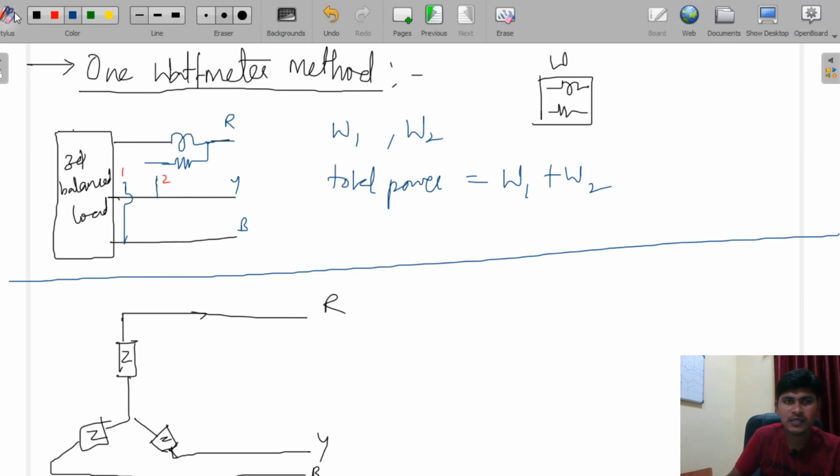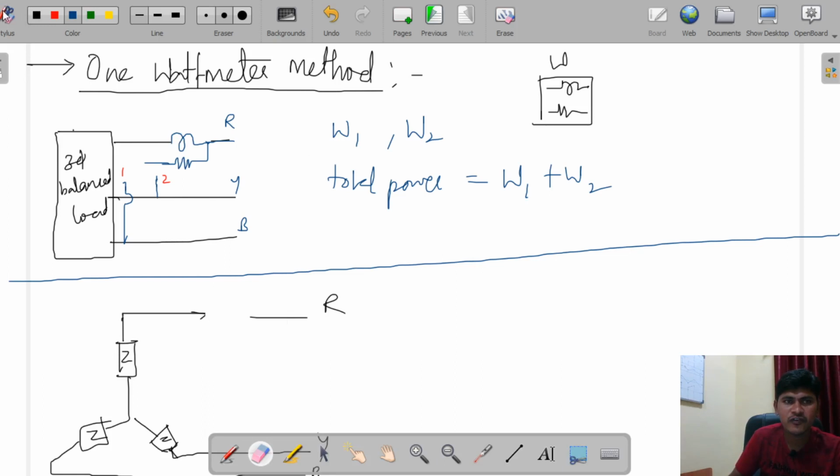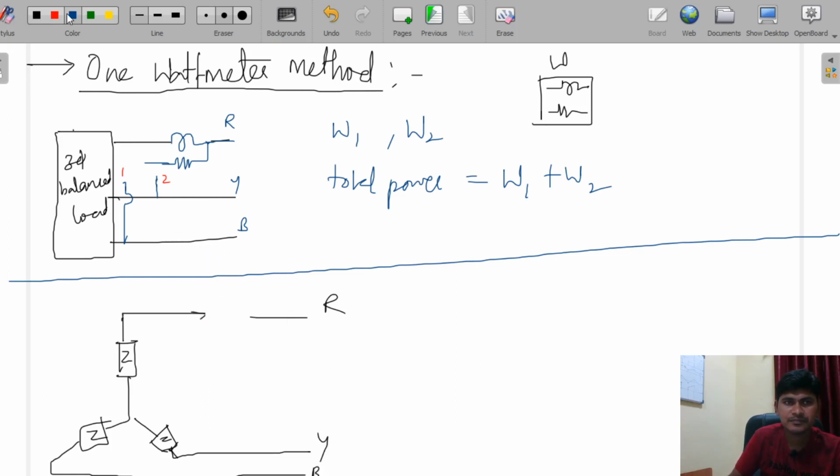You place the current coil of the wattmeter in any one of these three lines. Let me place the current coil in this line. Now you connect the pressure coil between this line and the neutral point. Then you will get one reading, that is W.